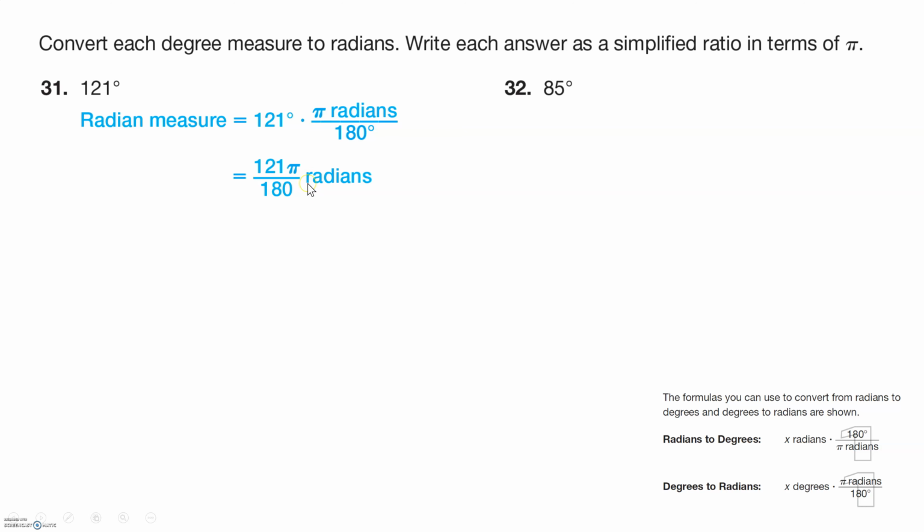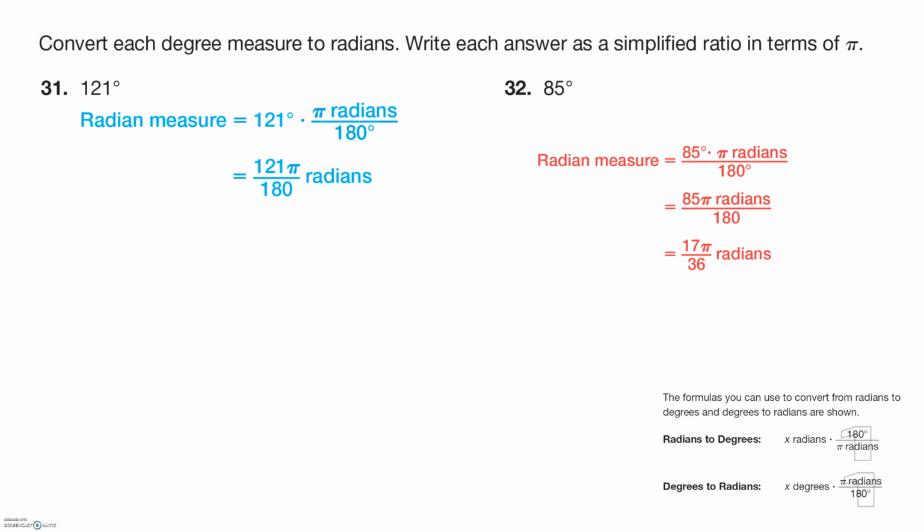And then you leave the radians on the side, okay? So for this one, it will be 85 degrees times pi radians over 180 degrees. What cancels out here again? Hopefully you said degrees. The degrees cancel out and you end up with radians.